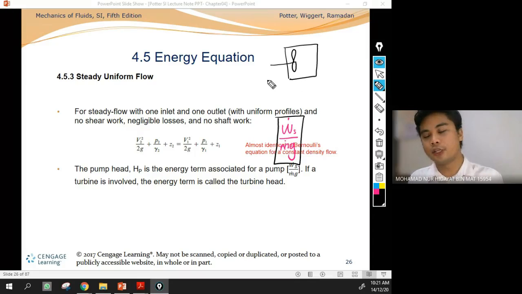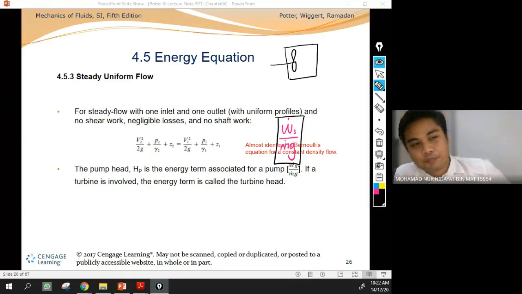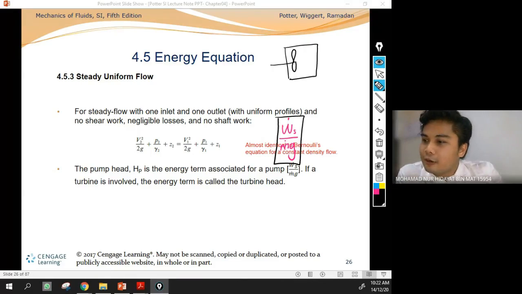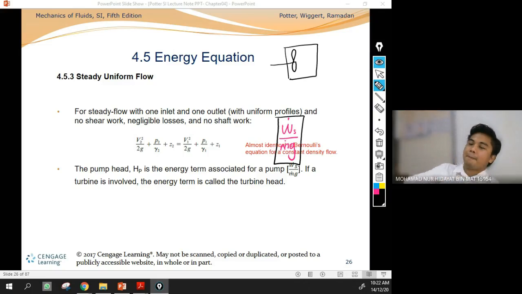So what's the function of a pump? Can you comment there? What's the function of a water pump? Can anyone here please comment what the pumps do?